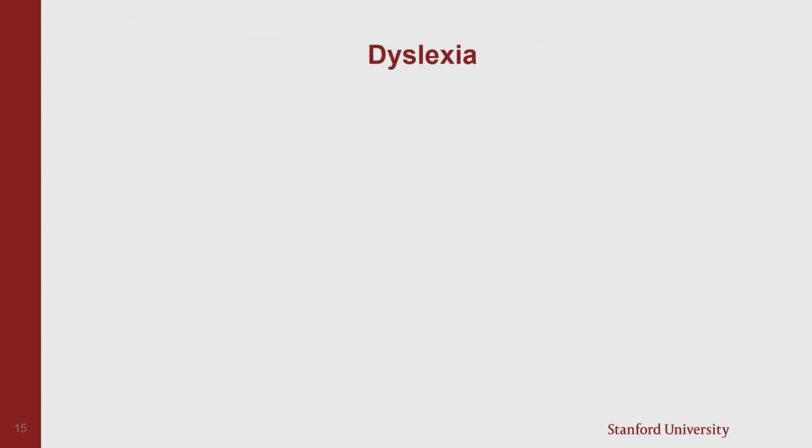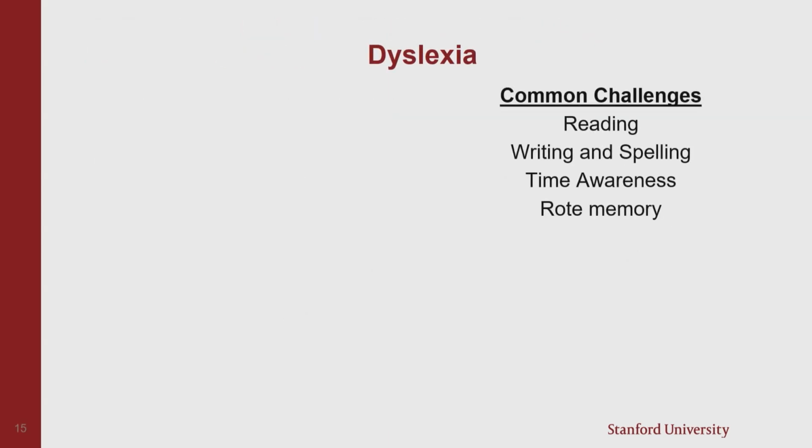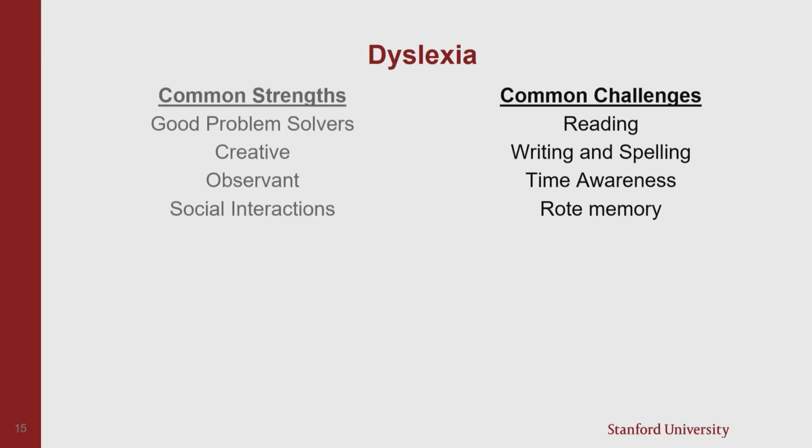So talking about dyslexia, we know the common challenges of dyslexia are reading, writing, spelling difficulties, time awareness, rote memory. But there are common strengths, like Dr. Tempini was talking about, the creativity and the visual-spatial function.